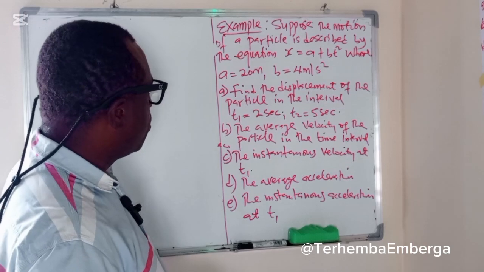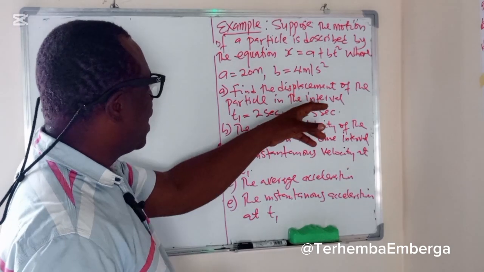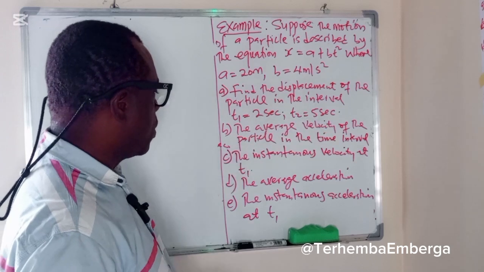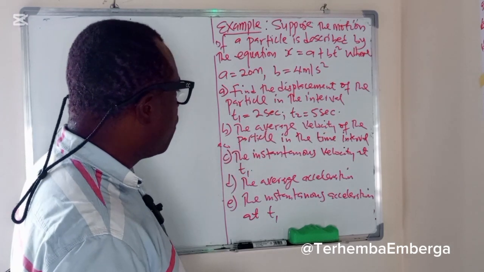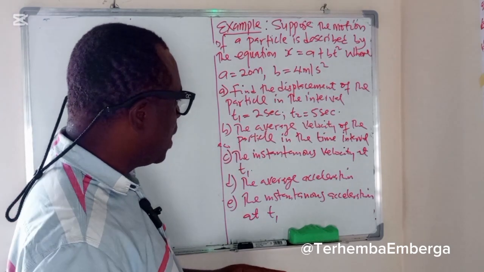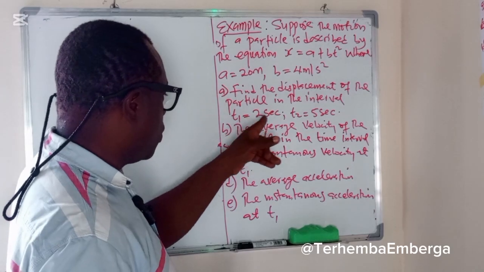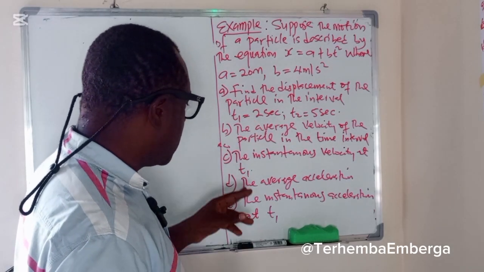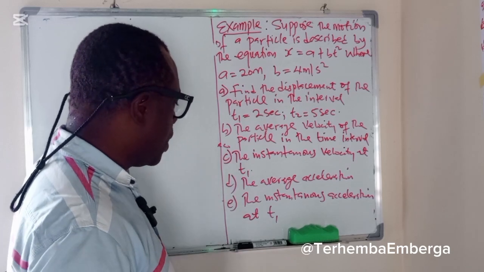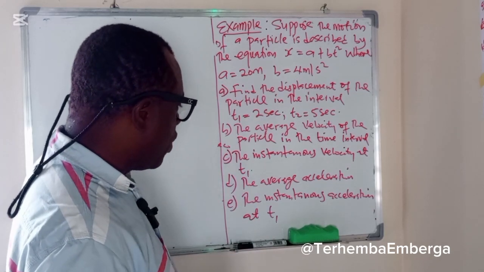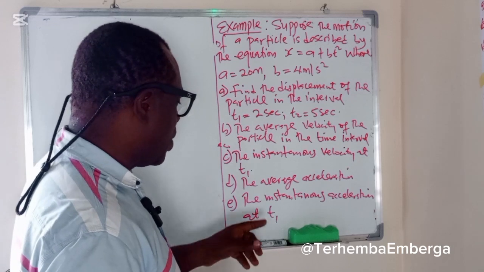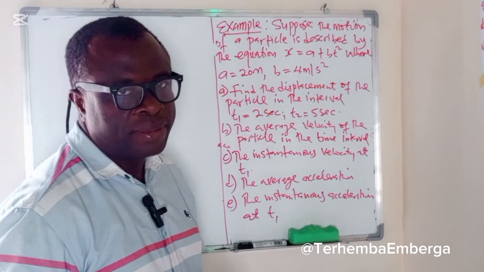A, find the displacement of the particle in the interval T1 is 2 seconds, T2 is 5 seconds. B, the average velocity of the particle in the time interval between T1 and T2. C, the instantaneous velocity at T1, that's specific here. D, the average acceleration, and E, the instantaneous acceleration at T1.